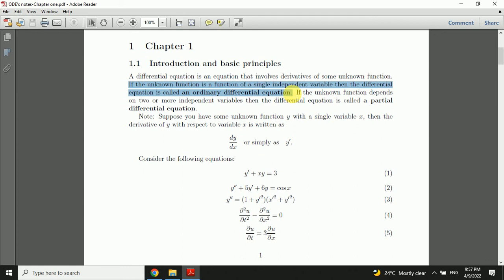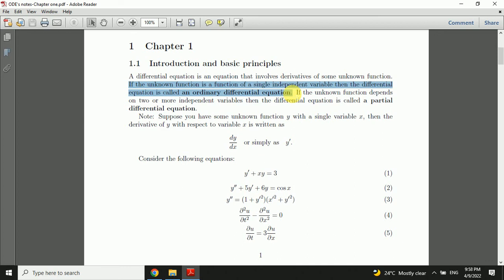For example, you can have y equals x squared. In that example, y has only a variable x. But what if you have a function like y equals x plus z?